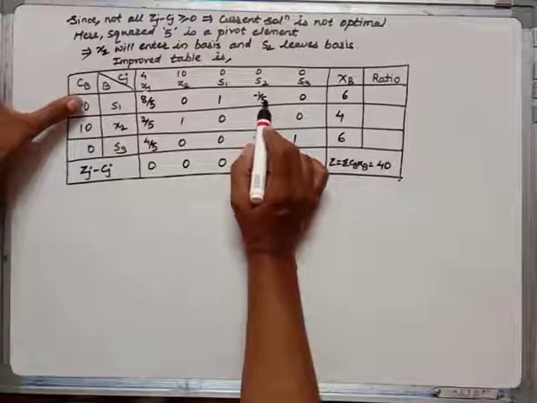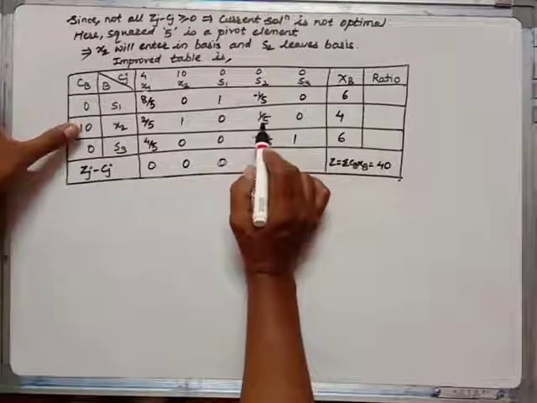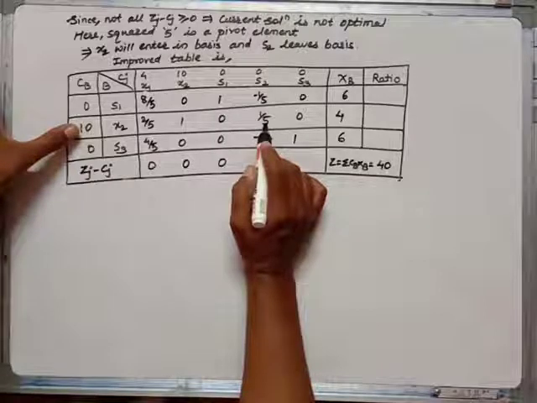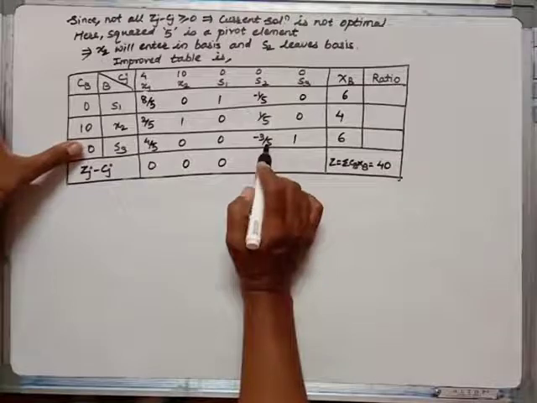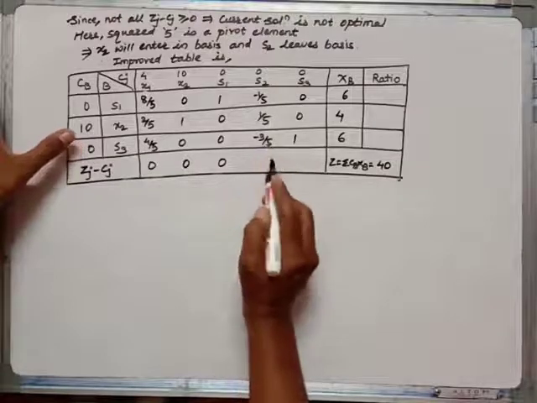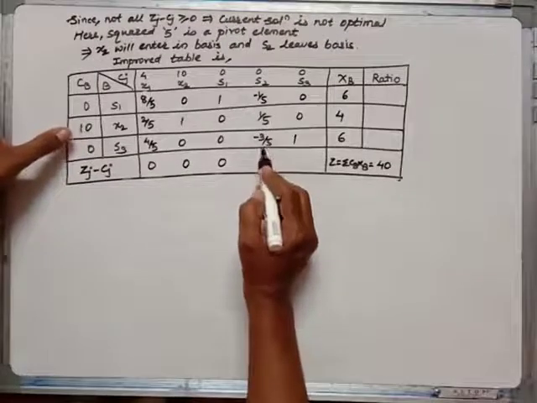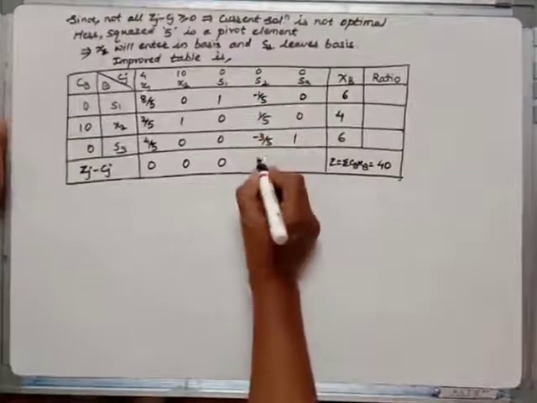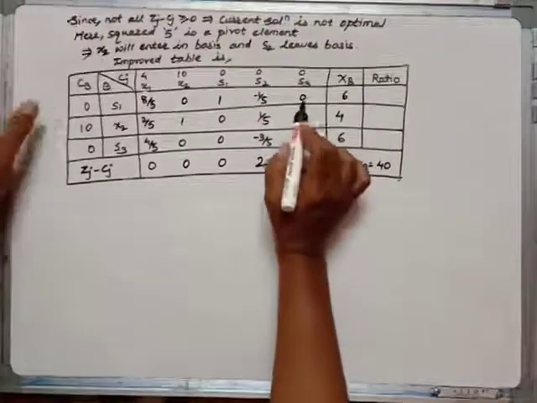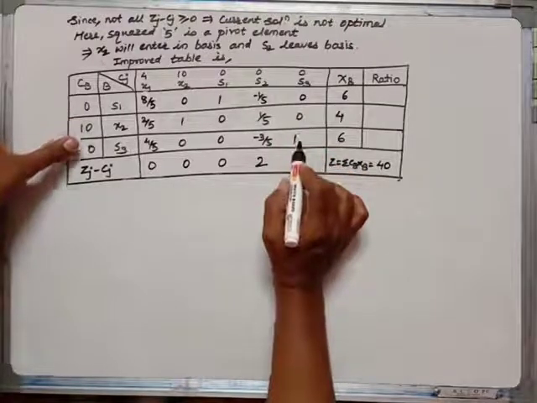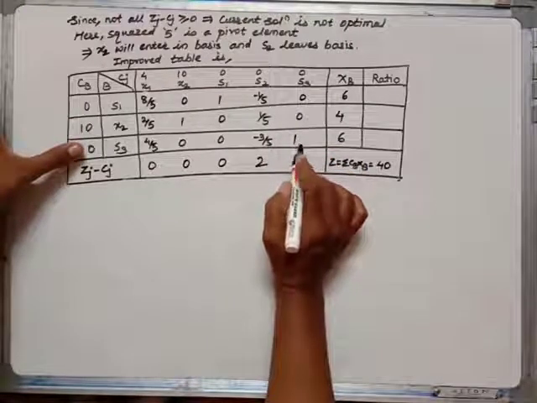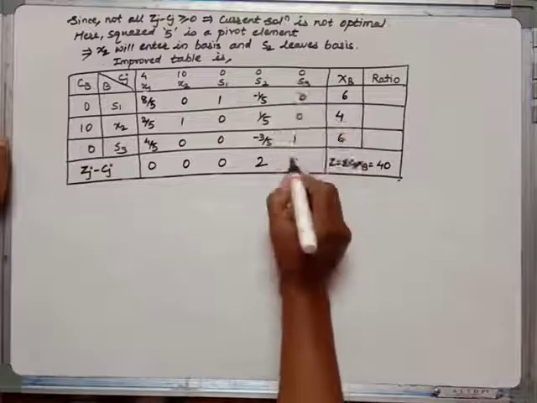Here 0 into minus 1 by 5, 0 plus 1 into 1 by 5 times 10 is equal to 2 plus minus 3 by 5 times 0 is 0. So 0 plus 2 plus 0, so it is 2 minus 0, so I get 2. Now 0 into 0 plus 10 into 0 plus 1 into 0, so it is 0 minus 0, so I get 0.